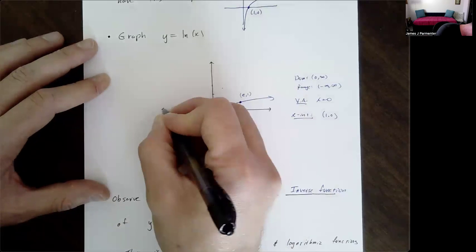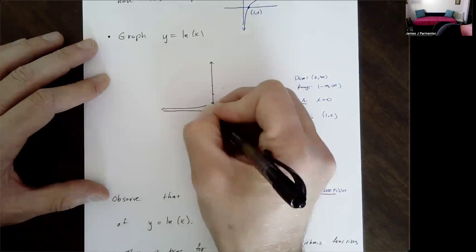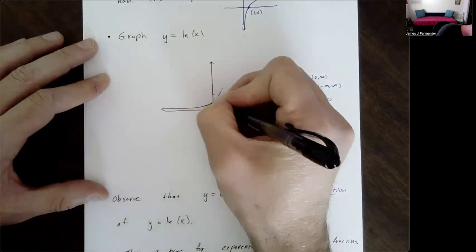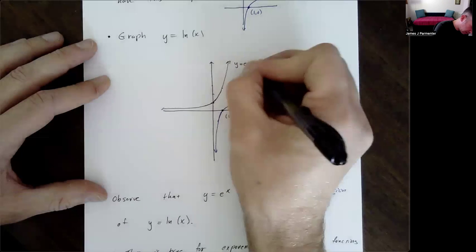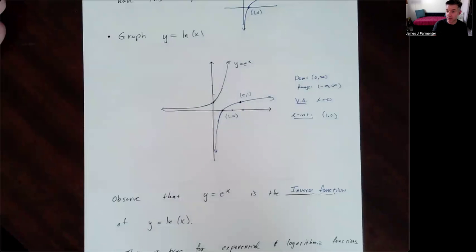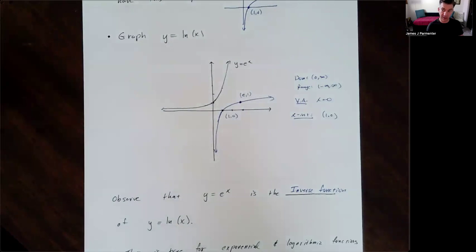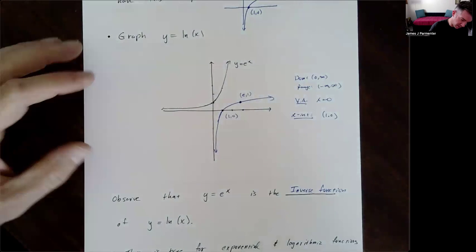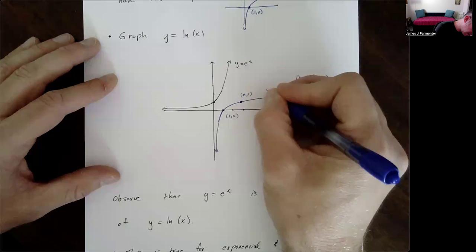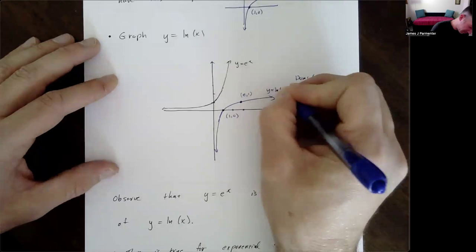I'm going to get the graph that looks like this. You have to make that noise when you graph things. And look, those are exactly reflections of each other across the line y equals x. Again, if you want to have a nicer look at these graphs, I really, really recommend pulling up Desmos and graphing y equals natural log of x and y equals e to the x, just so you can see that they really do look like this.